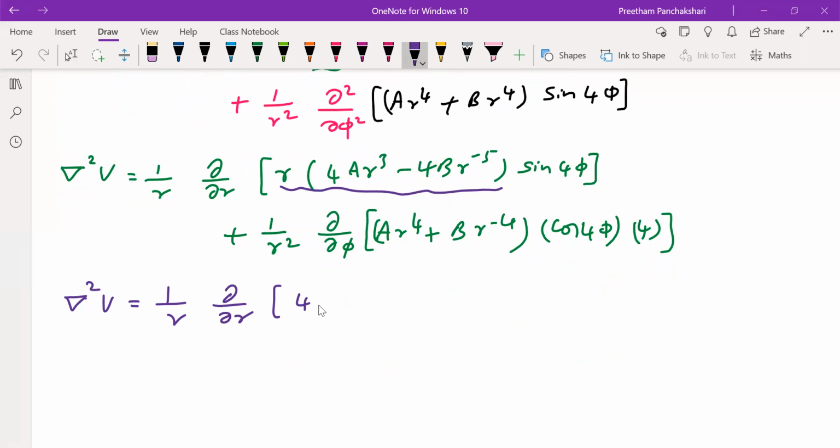So that gives us 4a r cube into r power 4 again, minus 4b r power minus 5 into r power 1. So it's again going to be r power minus 4 into sine 4 phi.